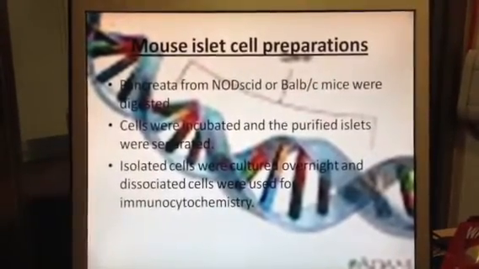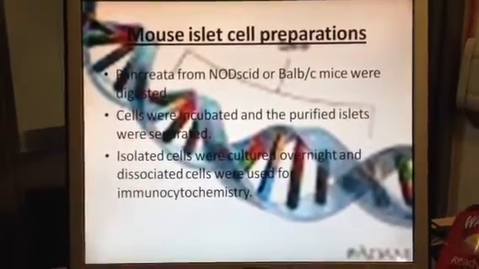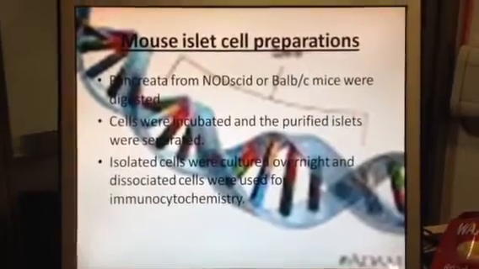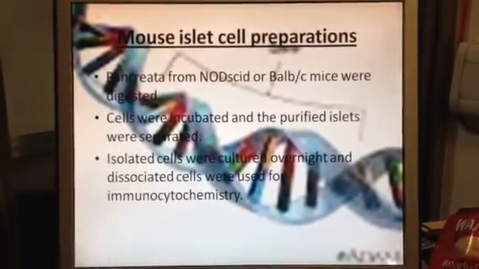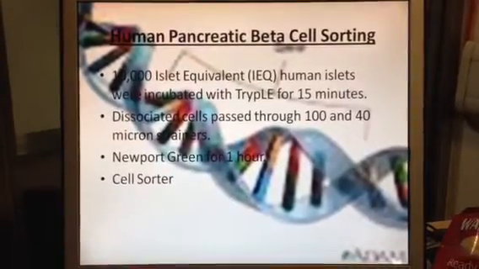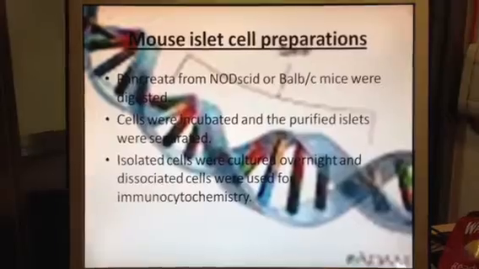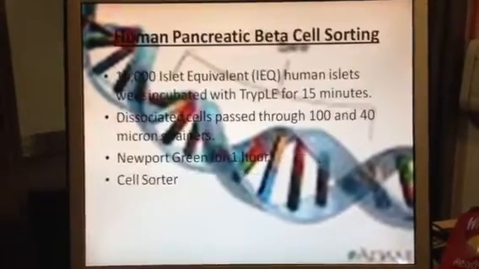The islet cells were cultured overnight and dissociated in order to individualize the pancreatic cells on their own so that they can be identified using immunocytochemistry techniques to determine their purity and composition. I will talk more about the immunocytochemistry later on.